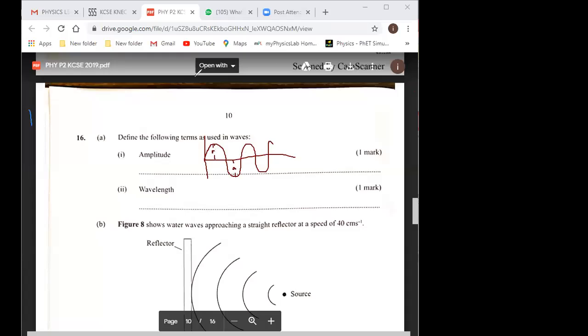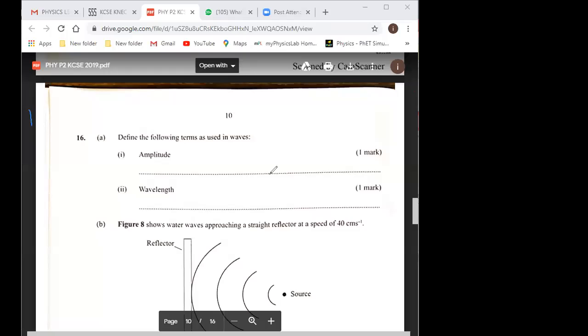What about the wavelength? Ezra Bradley, what do you mean by the term wavelength? Reginald: the distance between the crest and the wave.